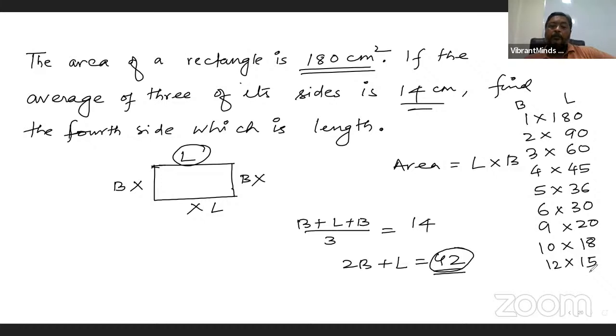Now understand, 15 plus 12 plus 12. Will it suffice the need? No. So 15 plus 12 is 39. 18 plus 10 is 38. 20 plus 9 again is 38. 30 plus 6 plus 6 is 42. So this suffices my need.